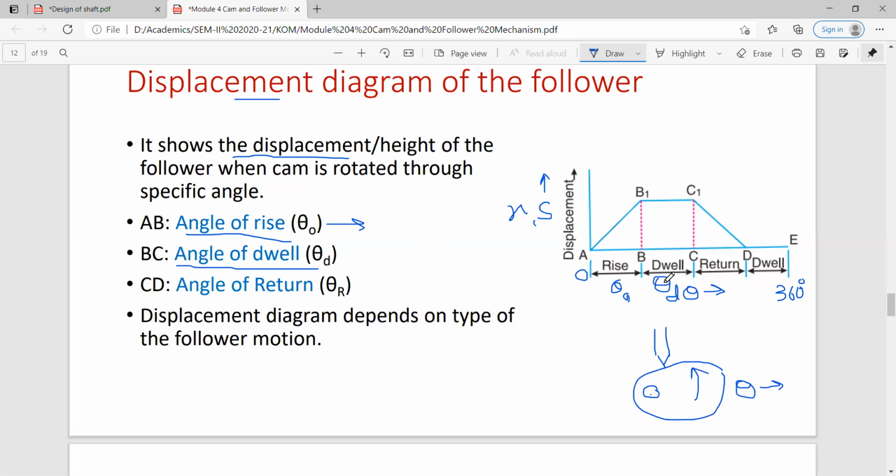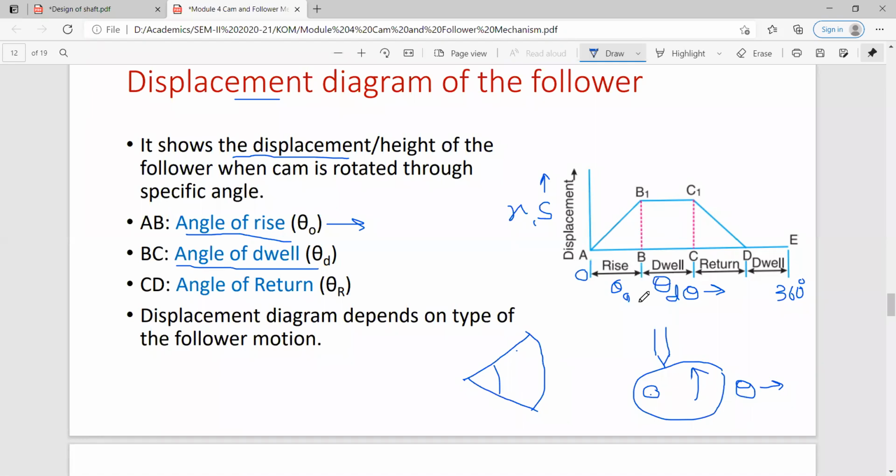This means during this rotation of the cam, there will not be any change in the position of the follower. How can we achieve that? If for that particular angle theta d you keep the radius of the cam constant, then there will not be any change in the position of the follower.